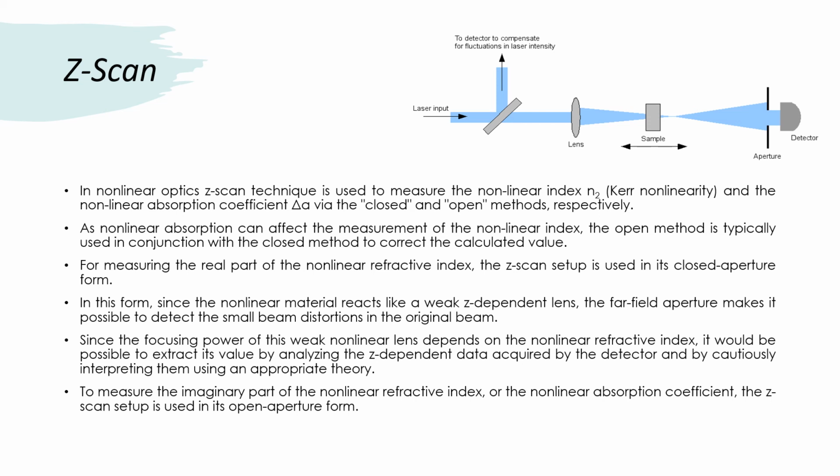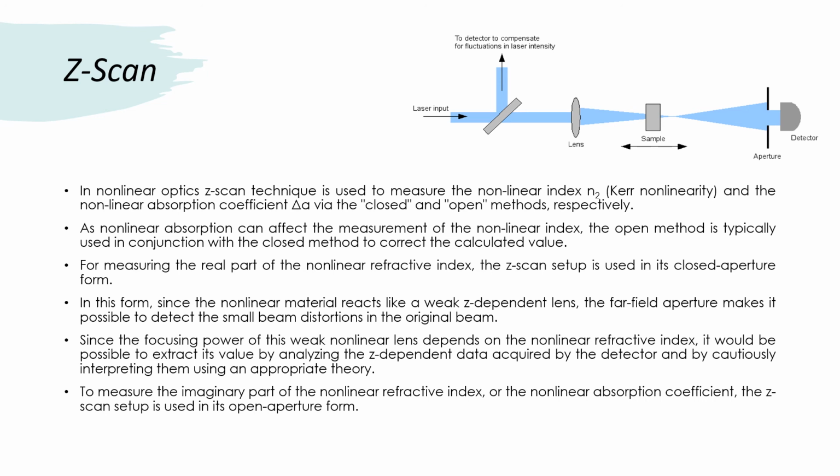For measuring the real part of the nonlinear refractive index, the Z-scan setup is used in closed aperture form. In this form, since the nonlinear material reacts like a weak Z-dependent lens, the far field aperture makes it possible to detect the small beam distortion in the original beam.